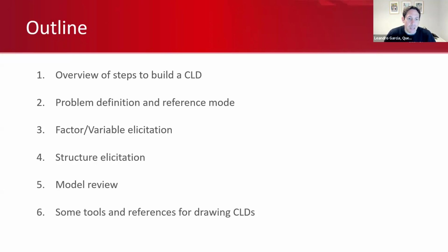Then I'll explain some of the main aspects of factor variable elicitation, then structural elicitation, some advice in terms of model review after the structure has been developed, and give you some tips in terms of tools and other references that you can use to continue studying drawing CLDs.